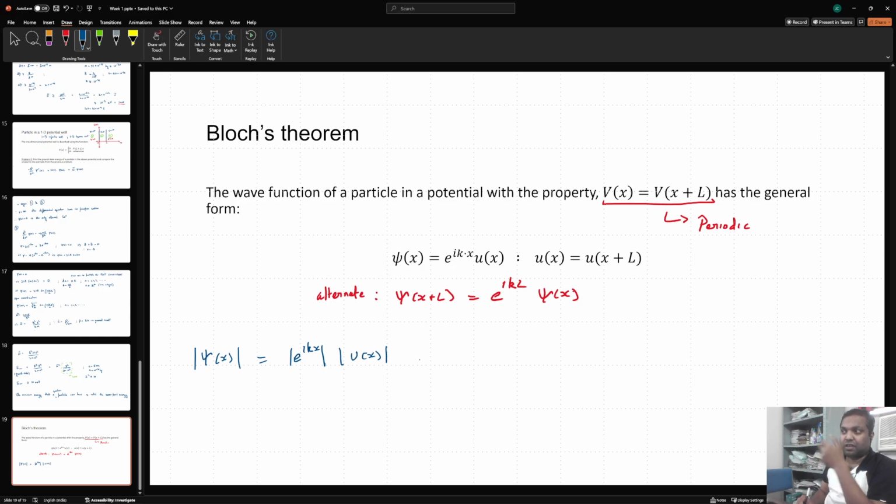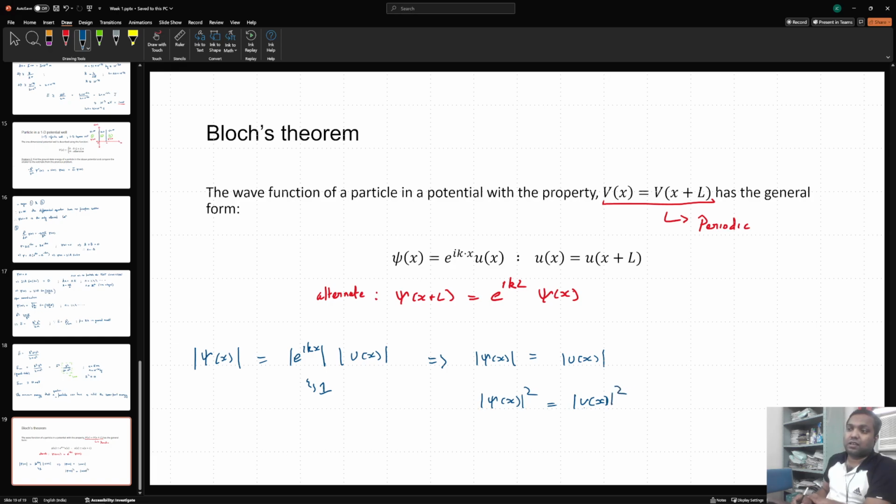That's a property of the modulus function. But I know this is 1, which implies mod psi of x is actually equal to mod u of x. That further implies the square of this modulus is equal to mod u of x squared.